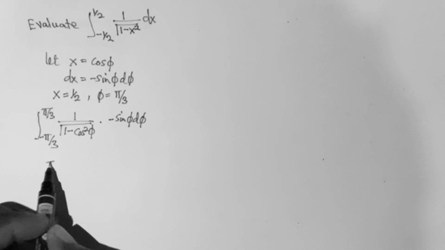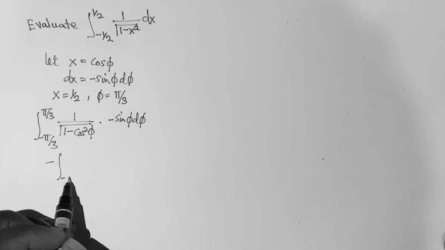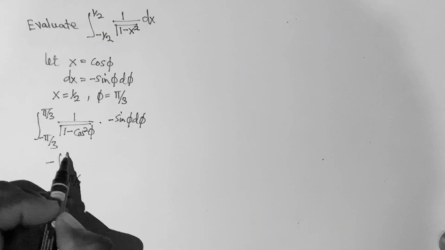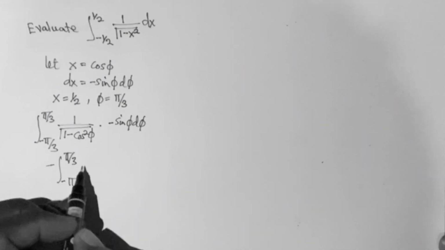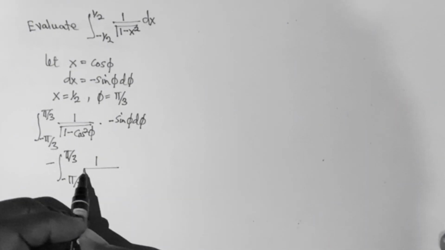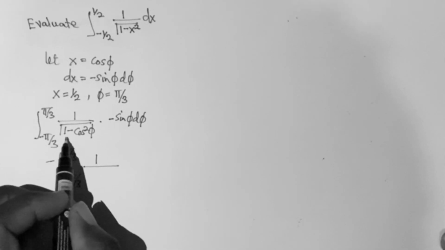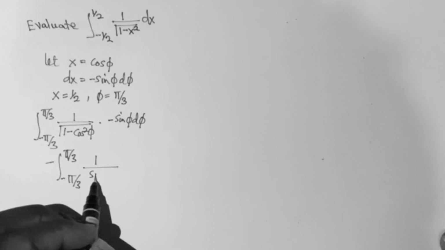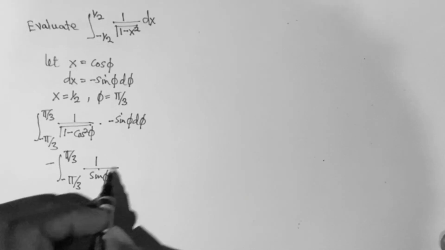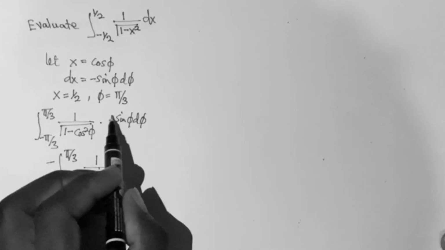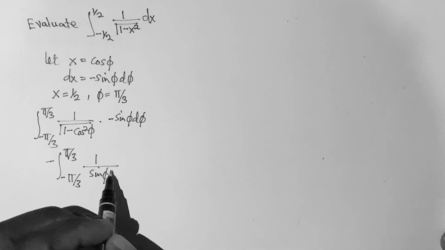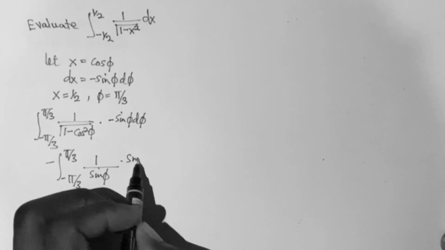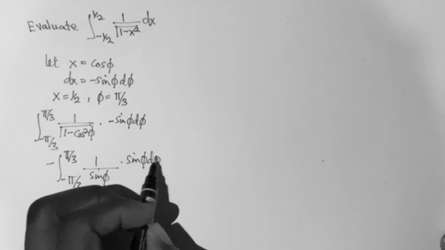So this becomes minus the integral from minus pi over 3 to pi over 3, then 1 divided by square root of 1 minus cos squared phi, which is sine phi, times sine phi d phi.